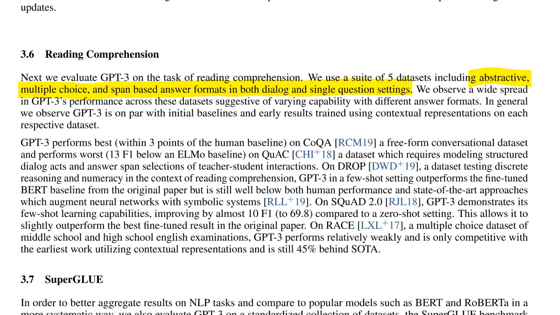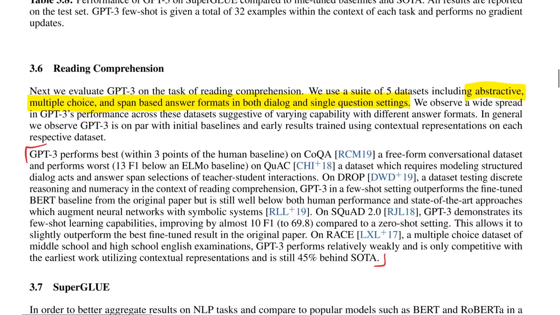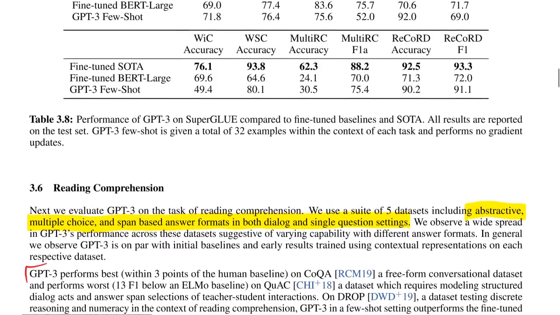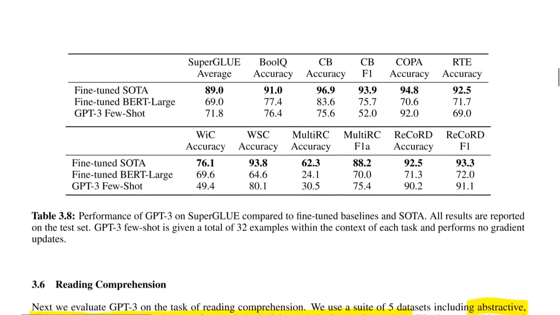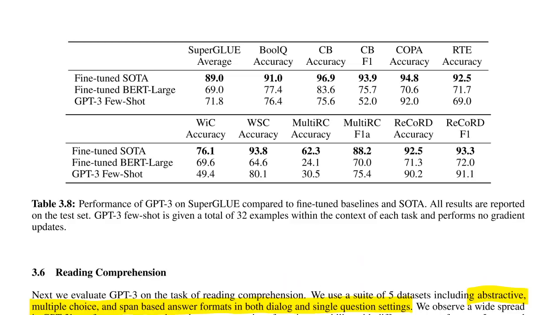So basically you have to read a piece of text like this and then answer a question about it. Now this is something where I think you cannot really interpolate the training data super well, so you can't really just pattern match, because you have to do actual reasoning, and I think that's why the model performs poorly here.